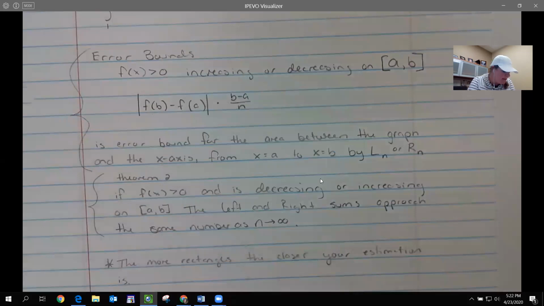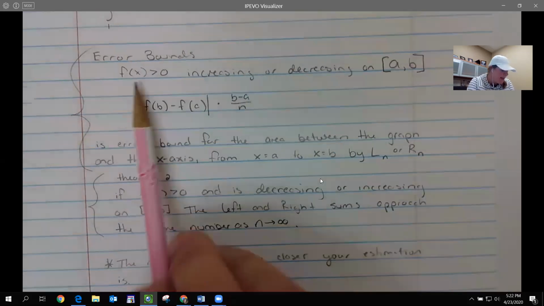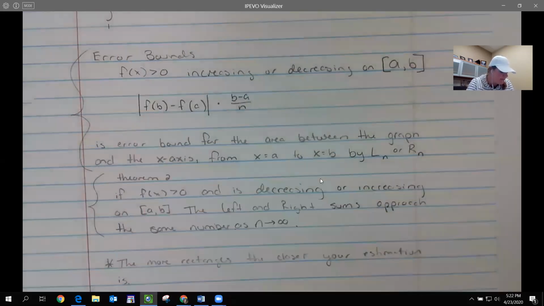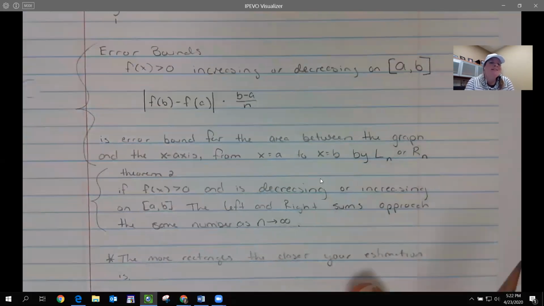This is the error bound for the area between the graph and the x-axis, greater than 0, from A to B by left or right. So this is error from the left or right sum. So you might want that.